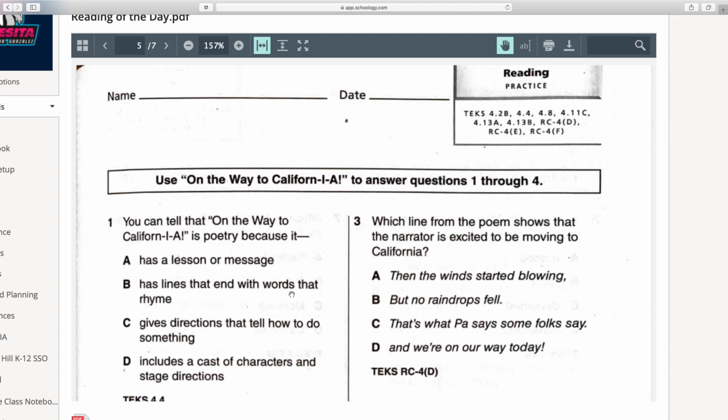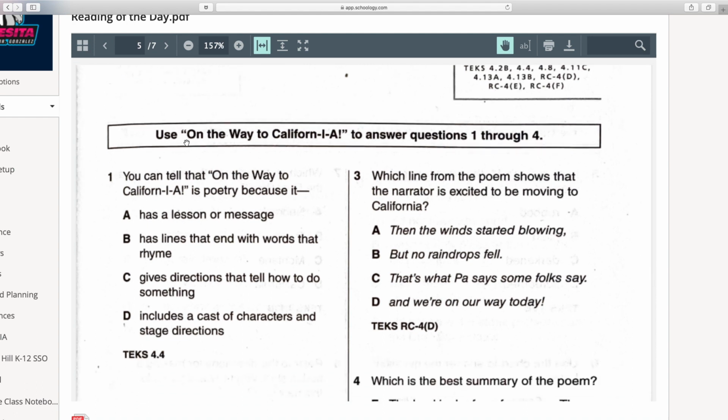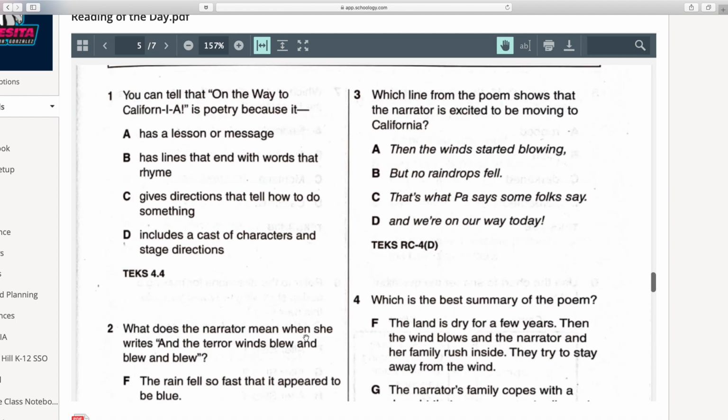Then here, be very careful, because it says use On the Way to California, which is the poem, to answer questions 1 through 4. So you just choose the first one, the poem, to answer questions 1 through 4. So those 4 questions come from the poem, just from the poem.